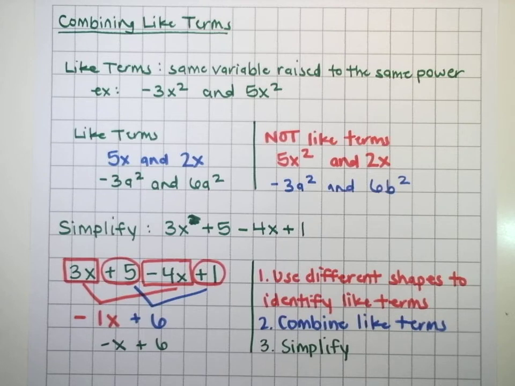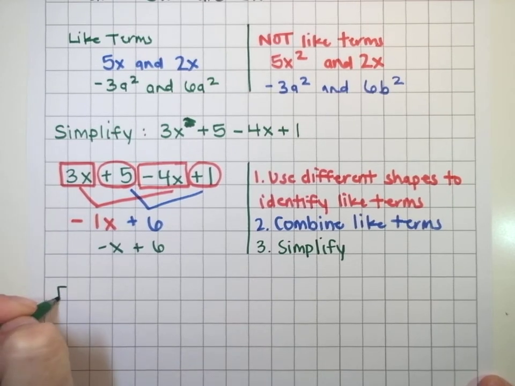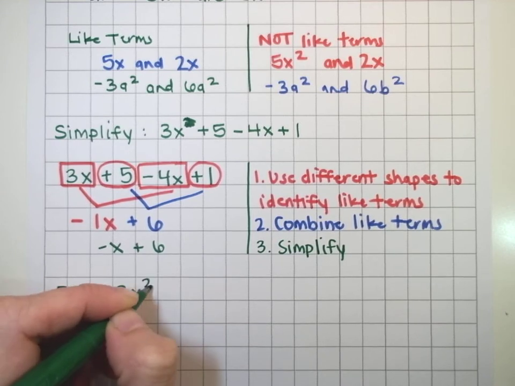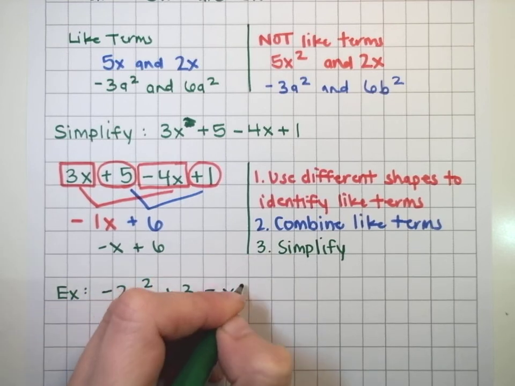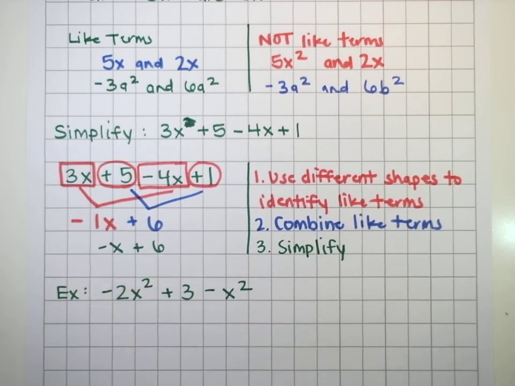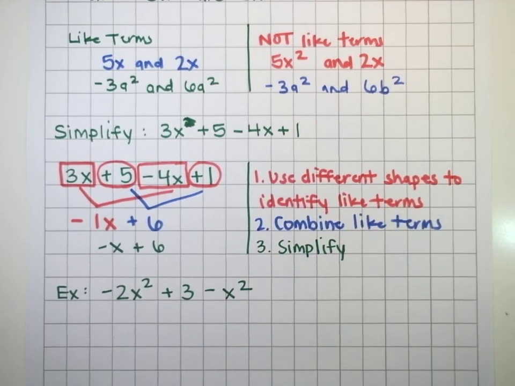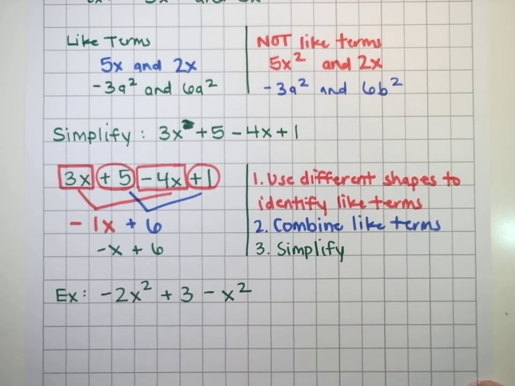Let's do one more example. Say we have negative 2x squared plus 3 minus x squared. So first we want to use different shapes to identify like terms. It looks like we have an x squared here and an x squared here.